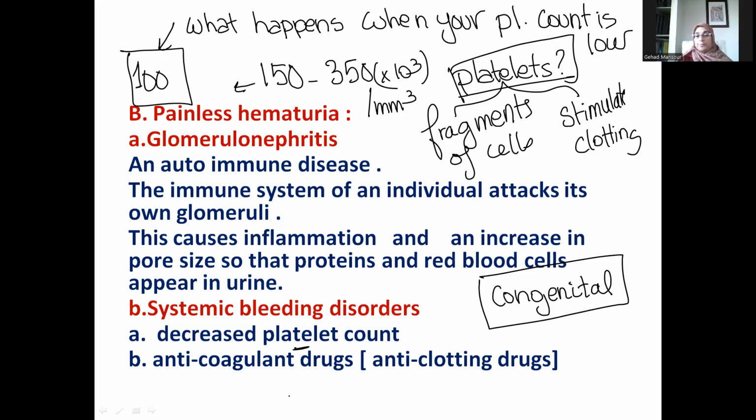But there is also another possibility for having a systemic bleeding disorder as a side effect of a medication that you take.